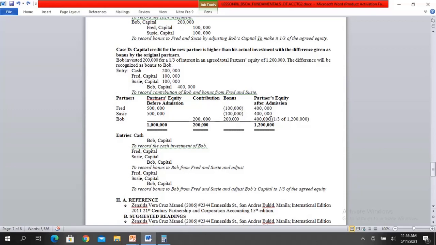So, itong 200,000, parang ititreat natin yan as bonus from Fred and Susie, bibigay nila kay Bob para ma-achieve yung 1/3 ng 1,200,000 na mapupunta kay Bob. Ayan.